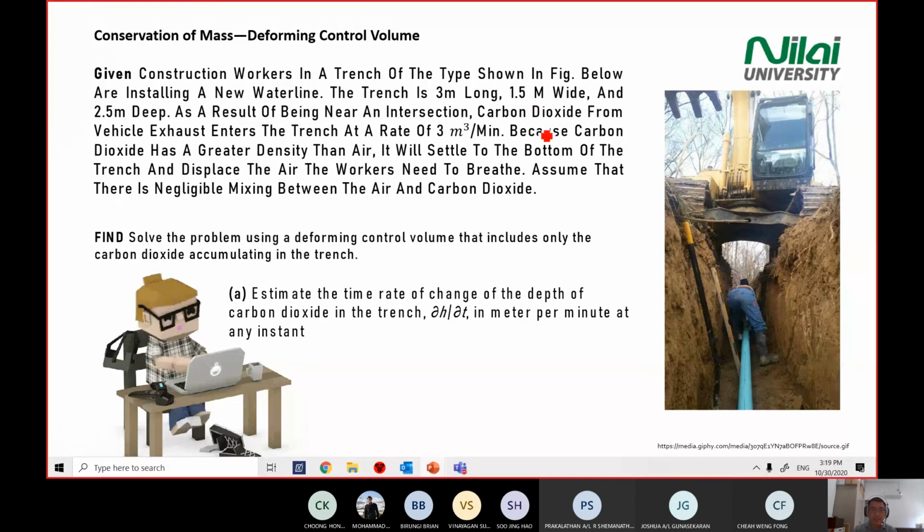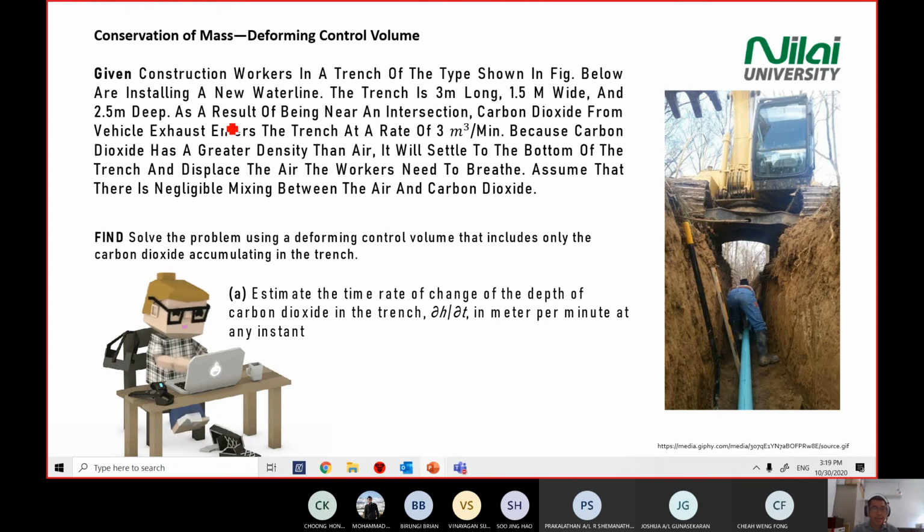So in this case, again, we have the same size of the trench or the channel here: 3 meter long, 1.5 wide, 2.5. Is it the same? Let me check. Yeah, it's the same dimension.